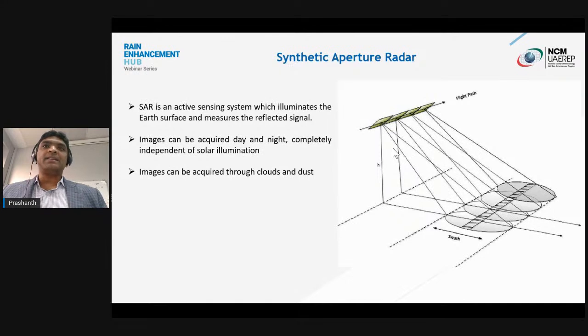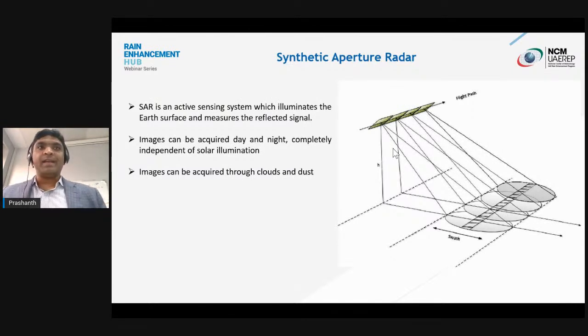The key part is that any point on Earth will be illuminated by multiple beams as the satellite or the flight goes along its path, and from that we can create a synthetic aperture which is much larger than the actual swath size or beam size. That way we can do with smaller antennas, because theoretically we are creating a larger aperture.